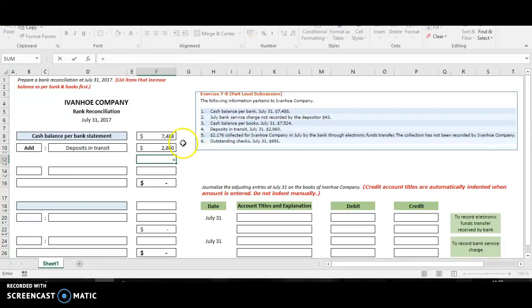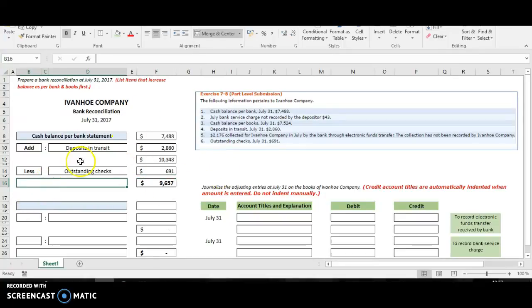And so we're going to add up those two amounts. And after that, we're going to deduct the outstanding checks, which we already know is going to be $691.